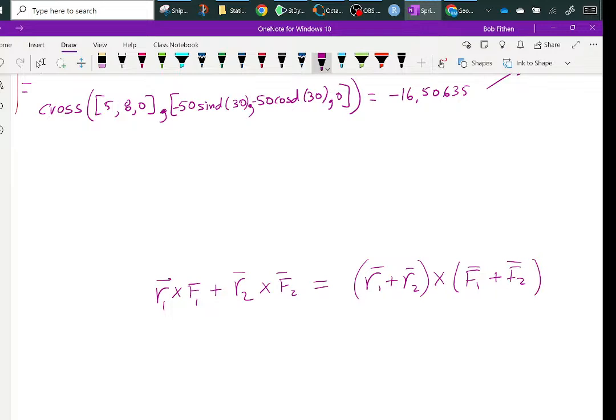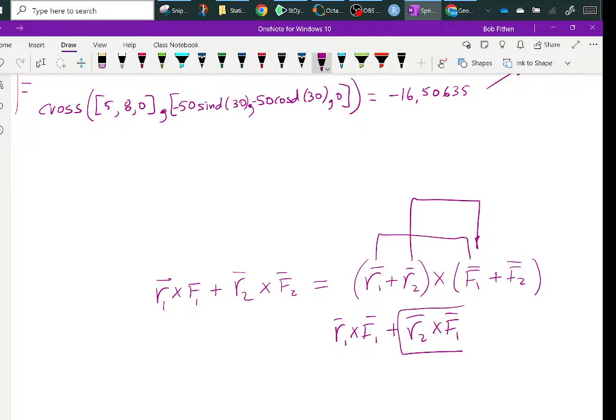I don't think it is, because you do the cross products, you get this R1 cross F1 plus this one, R2 cross F1, which should not exist. And so this is not equal to. And so you can't add the two vectors together and then cross them.